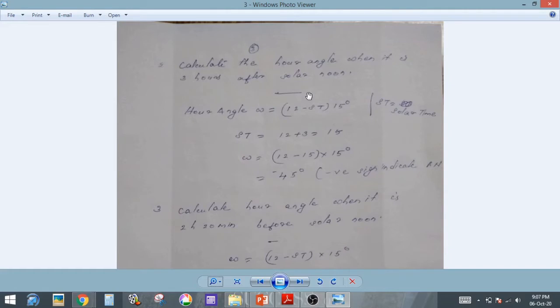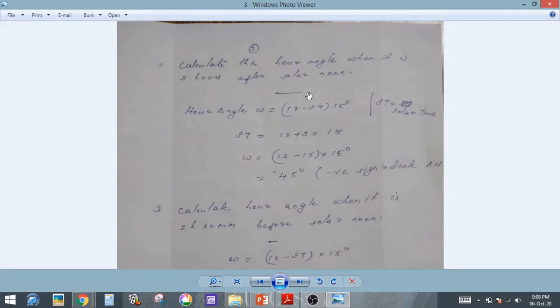Each hour angle equates with 15 degree of longitude, with morning taken as positive and afternoon taken as negative. For example, if 11 a.m., then omega equal to plus 15 degree. Suppose 1 p.m., then omega equal to minus 15 degree.